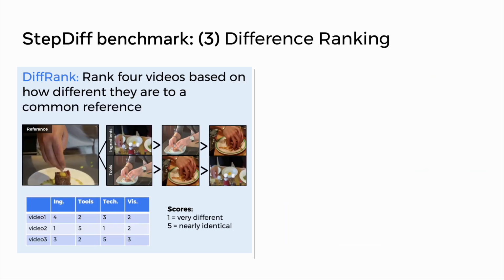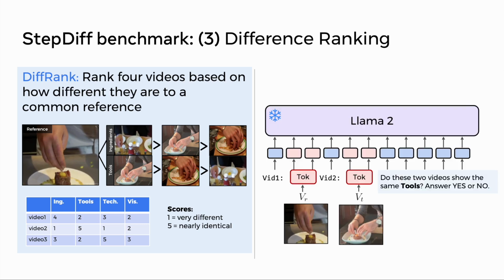Finally, for ranking, the model must rank videos based on how severe the difference is compared to a common reference video. This is done by asking, do the 2 videos show the same tools, for example, and then selecting the video candidate with the most confident response text.